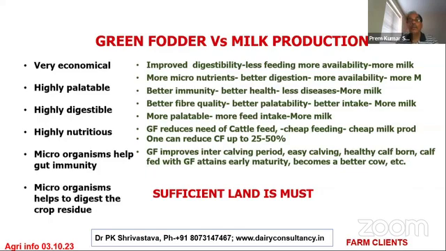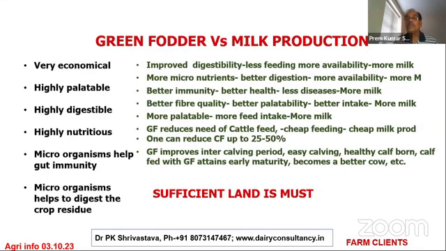So it improves digestibility. If you feed green fodder, how is it going to help milk production? It improves digestibility, so less feeding. If it is more digested and more utilized by the body, less feeding will do. If it is less utilized by the body, you have to feed more.